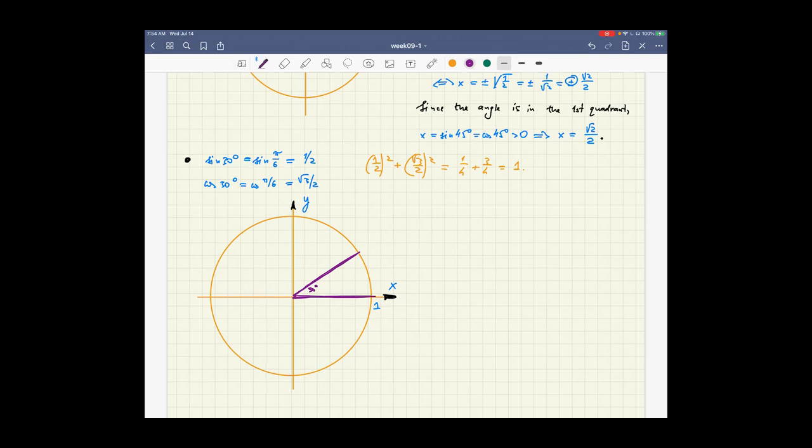So the idea is this. The circle is symmetric about any of its diameters. What do I mean by this?